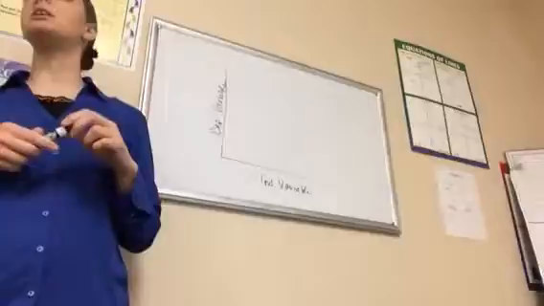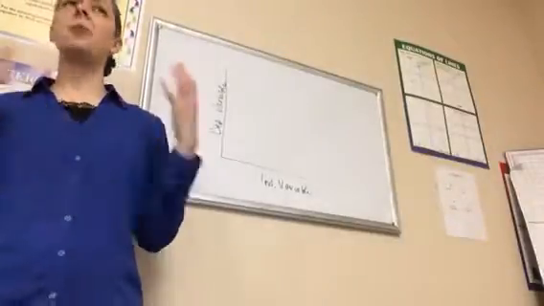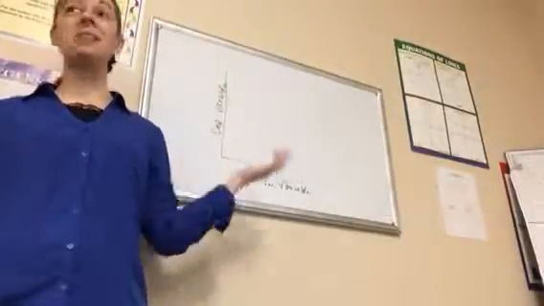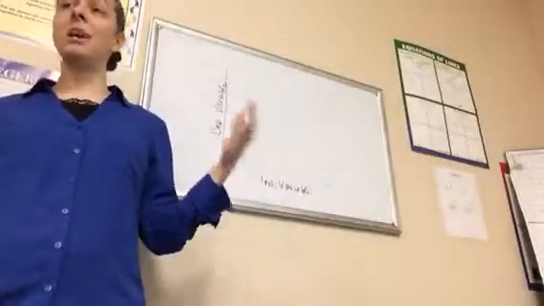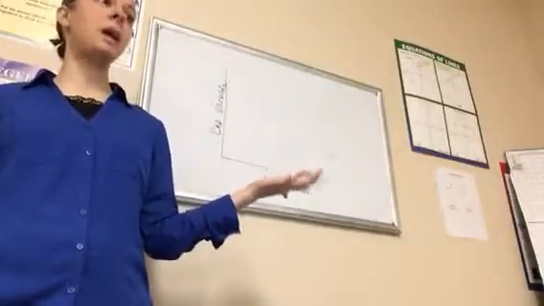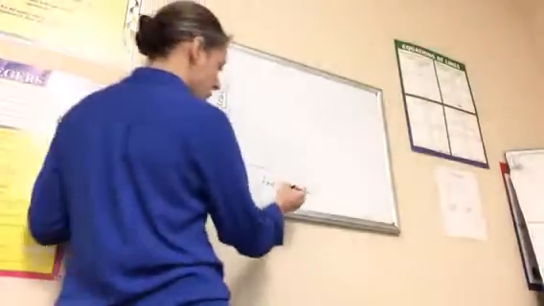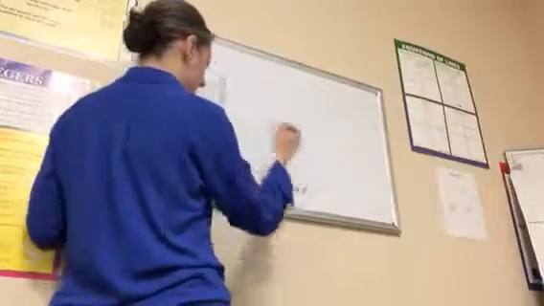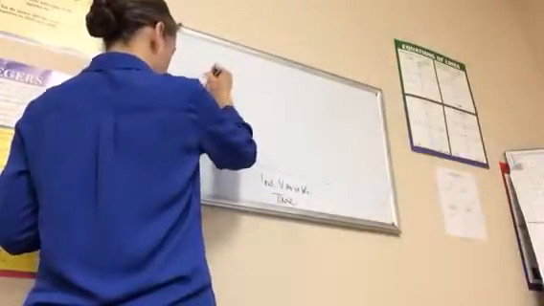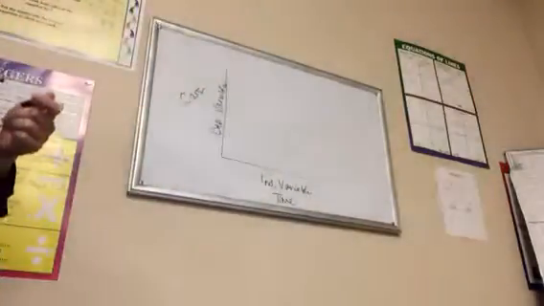Which one is the independent variable? Does how many cars are in the road affect the time of day? No. Nothing can affect the time of day, right? It's an independent variable. It just changes on its own. Only God can change that. So time is our independent variable, and the number of cars in the intersection is our dependent variable.